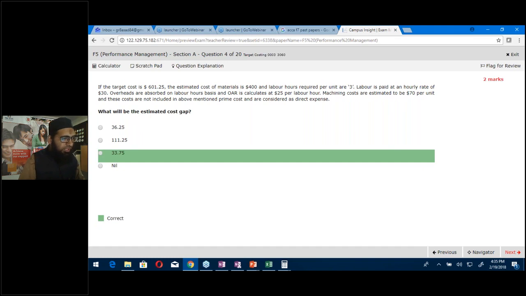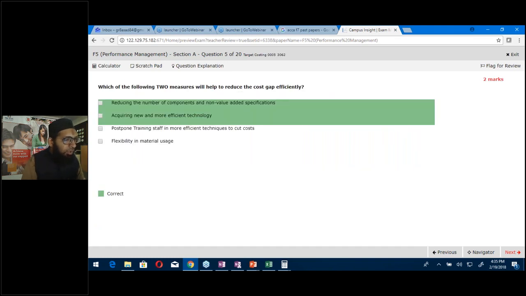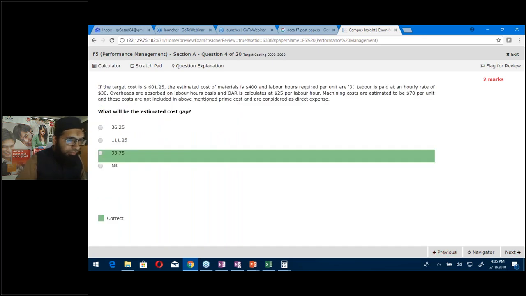So let's move to the next question. Which of the following two measures will help to reduce the cost gap? What about the last line in the question? The last line says that the machining cost is a direct expense.